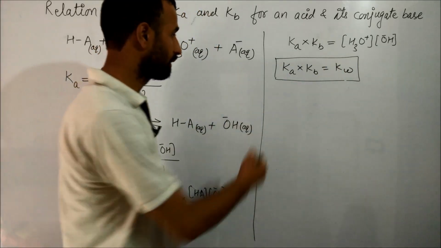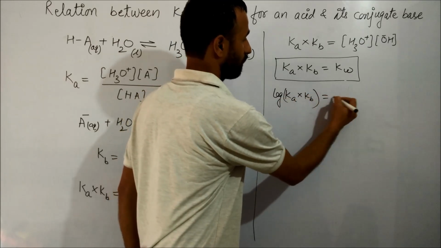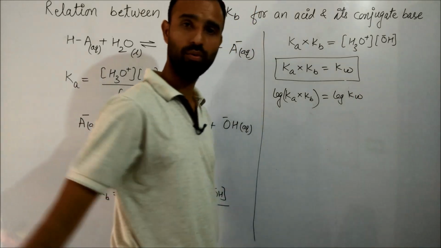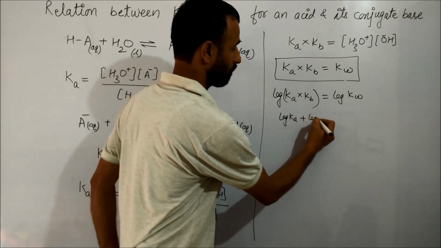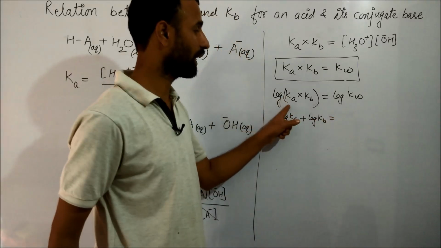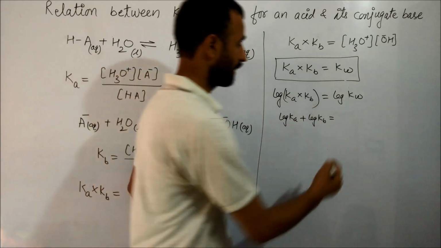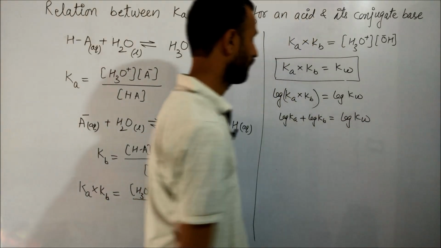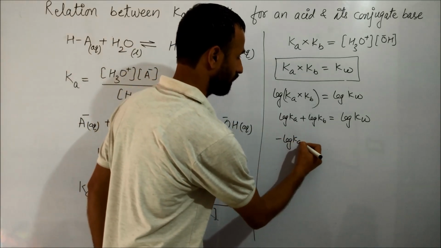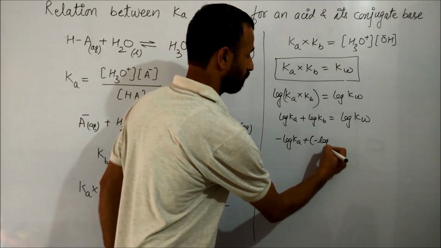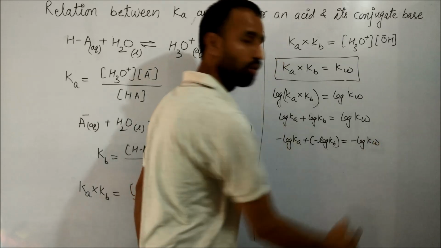To proceed further, taking log on both sides, log of Ka into Kb equals log of Kw. So it becomes log of Ka plus log of Kb, because log A into B is log A plus log B, and is equal to log of Kw. Multiply the whole equation by minus 1. So it becomes minus log of Ka plus minus log of Kb equal to minus log of Kw.